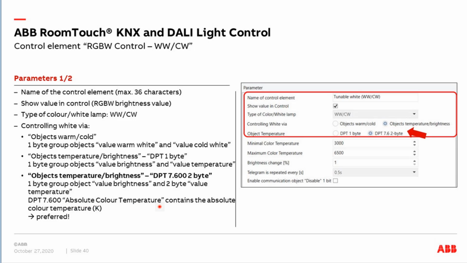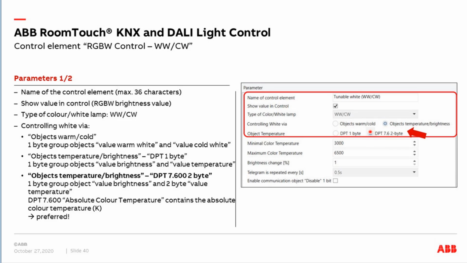Here we can really send the value, go to 3000 Kelvin, 4500 or 6000 Kelvin. This is a real value which can be sent by our control element. This is the preferred solution, because the DALI gateway also supports this data point type.